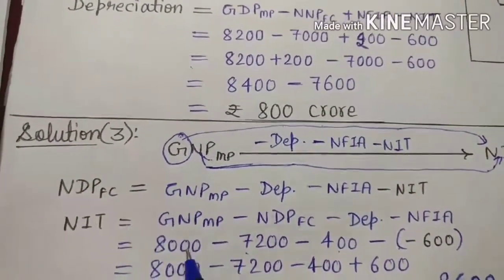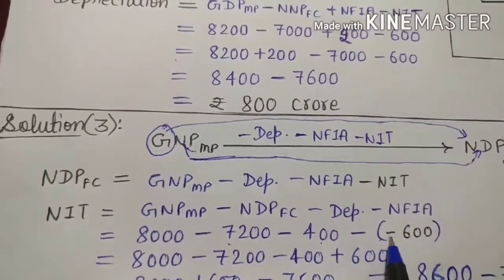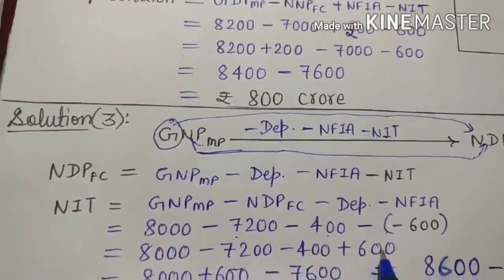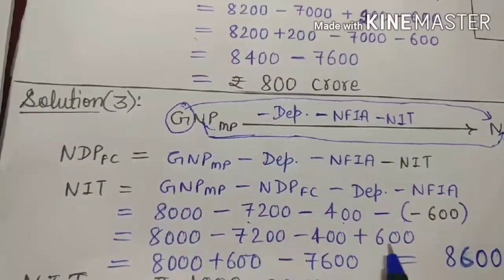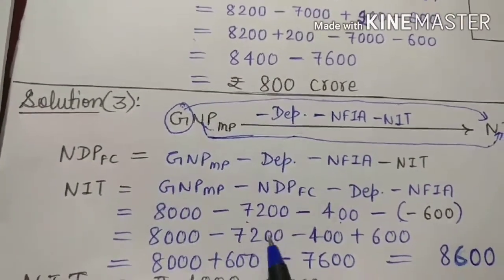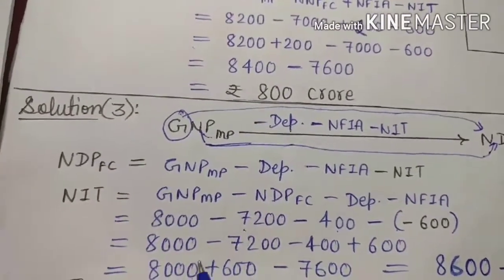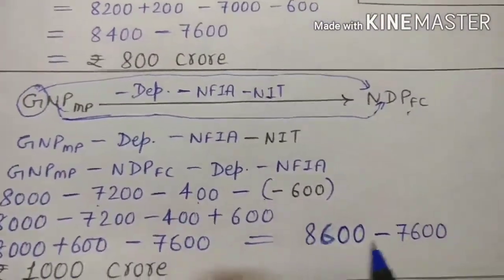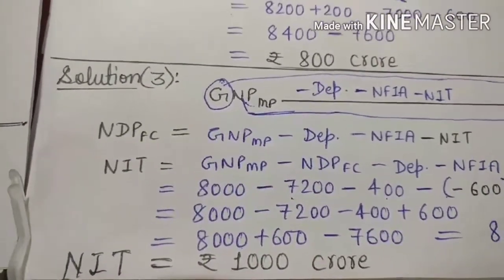Let's check here. 8000 minus 7200 minus 400. Now this minus becomes plus, so it becomes 600. So 8000 plus 600 minus 7200 minus 400, so minus plus, it becomes 7600. It becomes 8600 minus 7600, so the answer is 1000 crore.